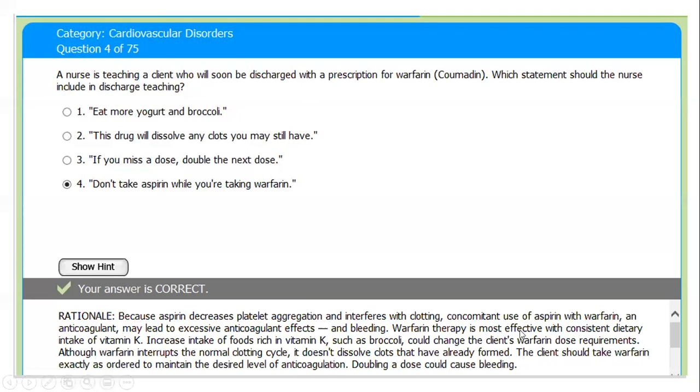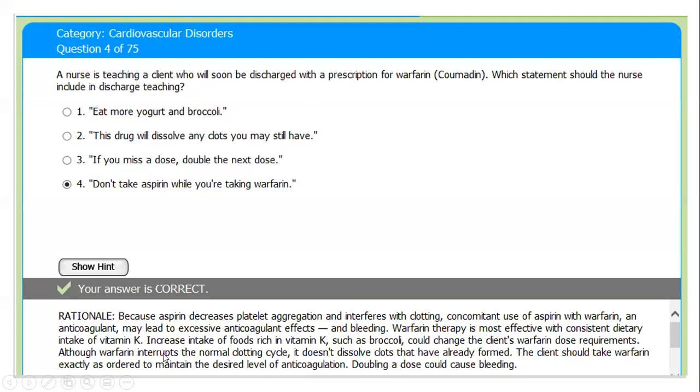Warfarin therapy is most effective with consistent dietary intake of vitamin K. Food rich in vitamin K, such as broccoli, could change the client's warfarin dose requirement.